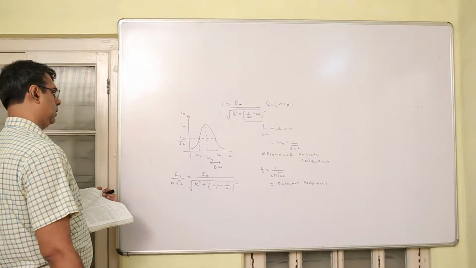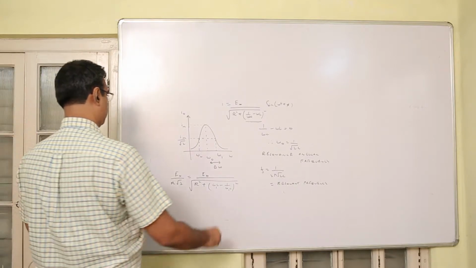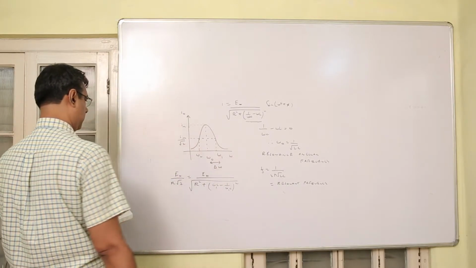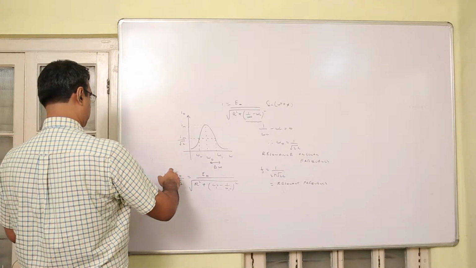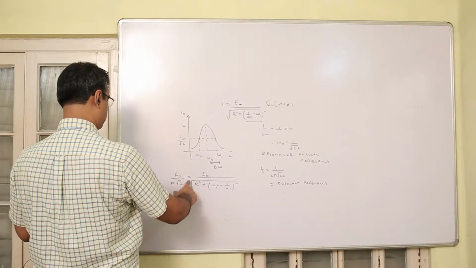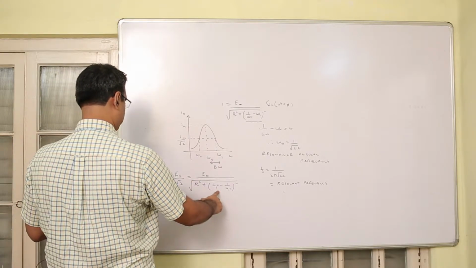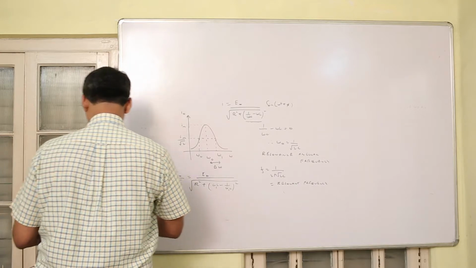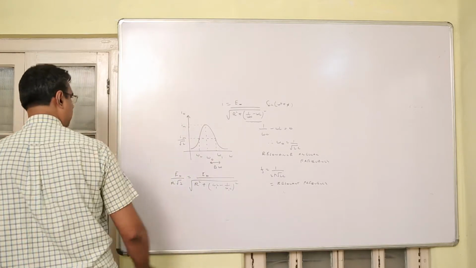so as I told you that Im by root 2 will correspond to two values of omega, omega 1 and omega 2. So if we apply all these conditions mathematically, we will get E0 by R root 2 is E0 by root over R square plus omega 1L minus 1 by omega 1C whole square.